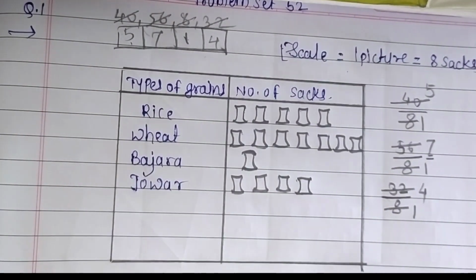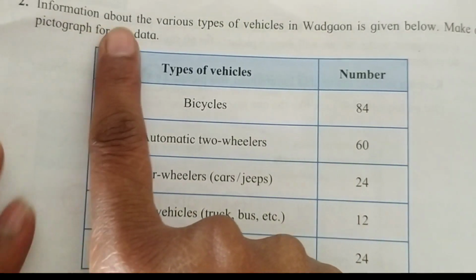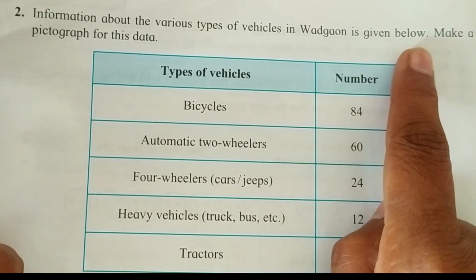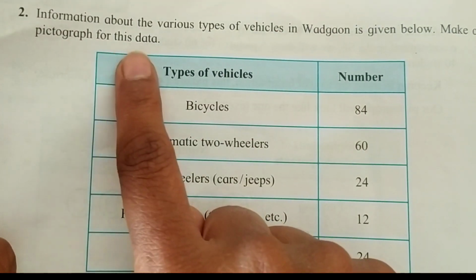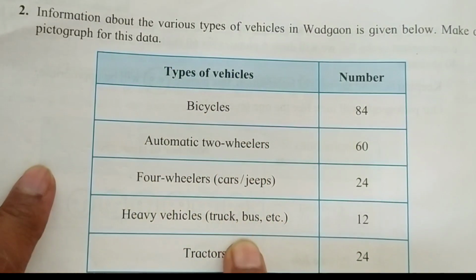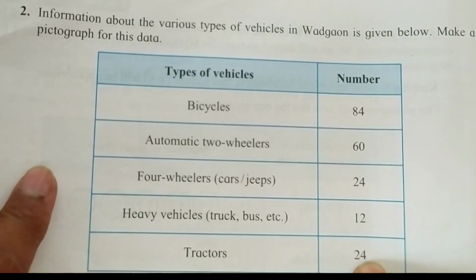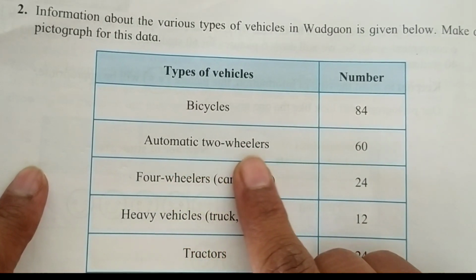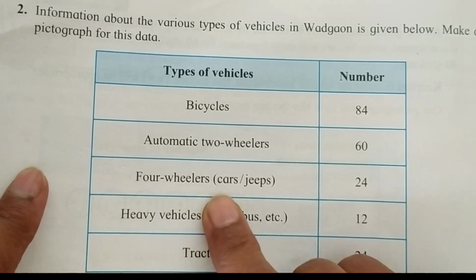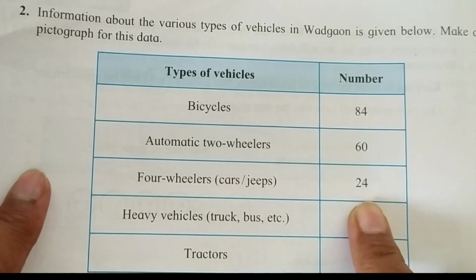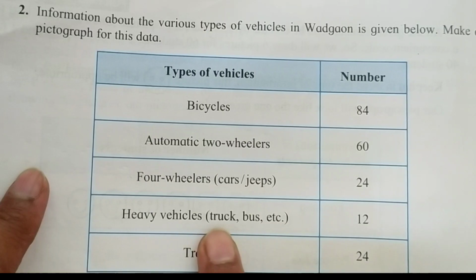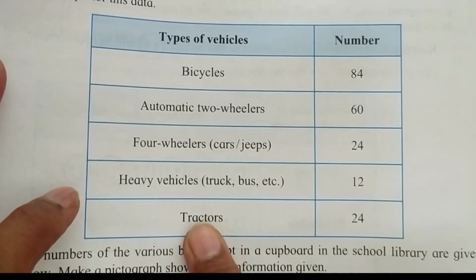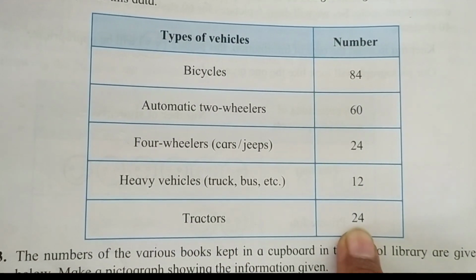Now the next question is: information about the various types of vehicles in Vadgaon is given below. Make a pictograph for this data. Types of vehicles are here, and here are the number of vehicles: bicycles 84, automatic two-wheelers 60, four-wheelers, cars or jeeps 24, heavy vehicles, truck, bus, etc. 12 and tractors 24.